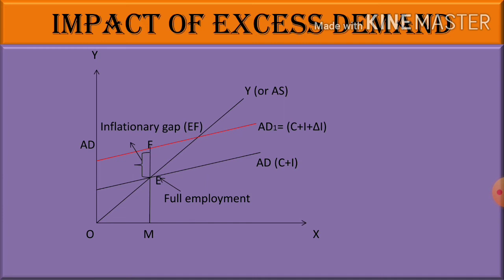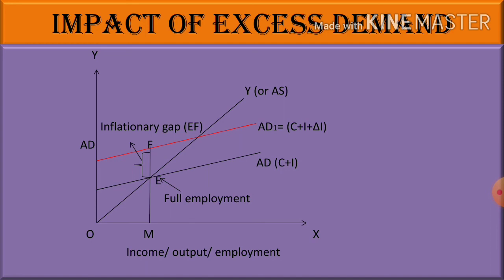Here OM is the equilibrium level of employment. This means the economy has limited resources, and those resources can't be increased, because here point T is the point of full employment, that means the resources are fully employed here.